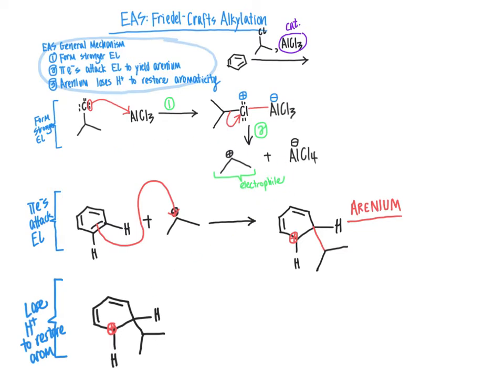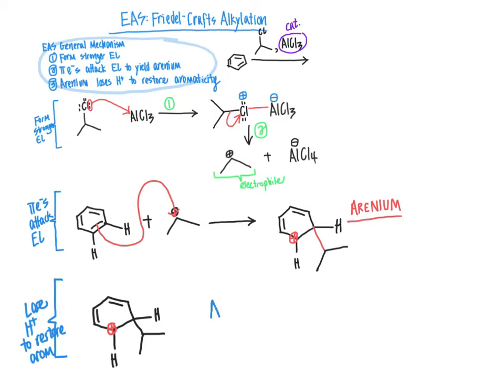And so what resulted from our first phase of the reaction here was we generated aluminum tetrachloride, AlCl4-. And so what we can do in order to convert that back to aluminum trichloride, acting as the catalyst, is that we can use one of the chlorine atoms from aluminum tetrachloride to act as the base to deprotonate our arenium acid here.